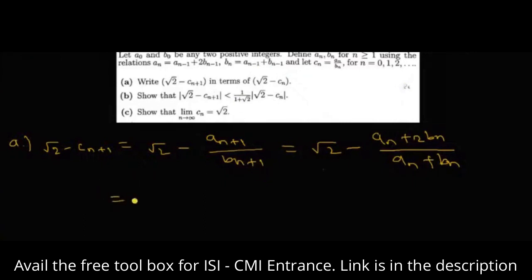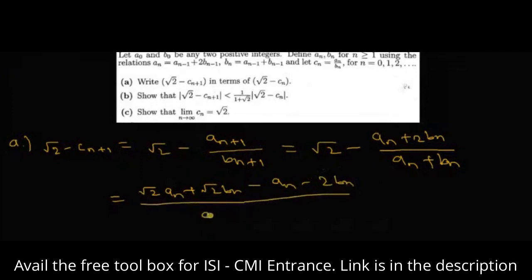On simplifying this, we get root 2 a_n plus root 2 b_n minus a_n minus 2b_n, divided by a_n plus b_n.